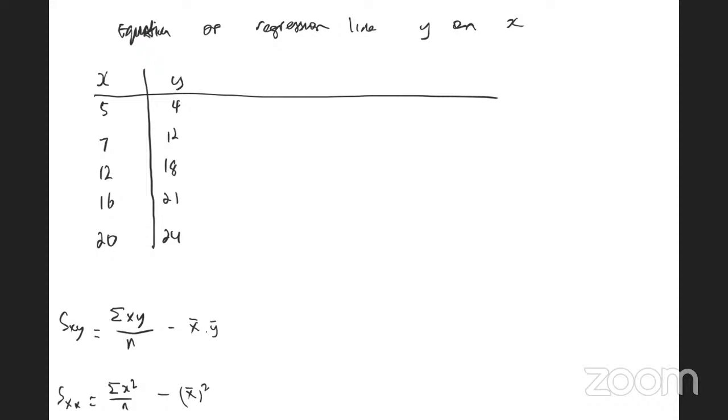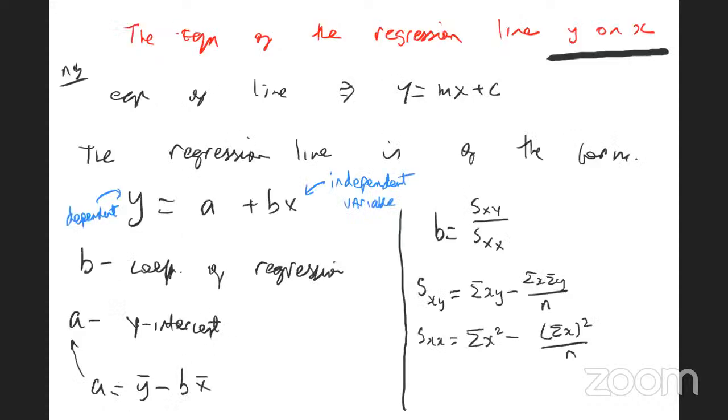It has different versions. Which one did I give you? Hold on, let me see if I gave you this one. Oh, I gave you this one. Okay. They both will give you the same thing. I think I put the n differently in this one.